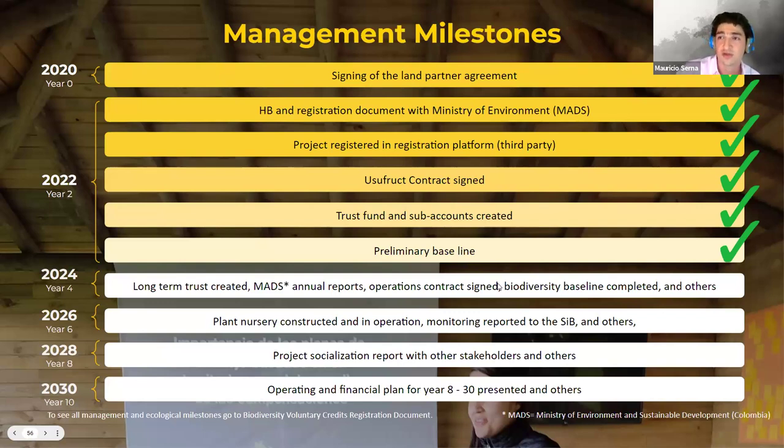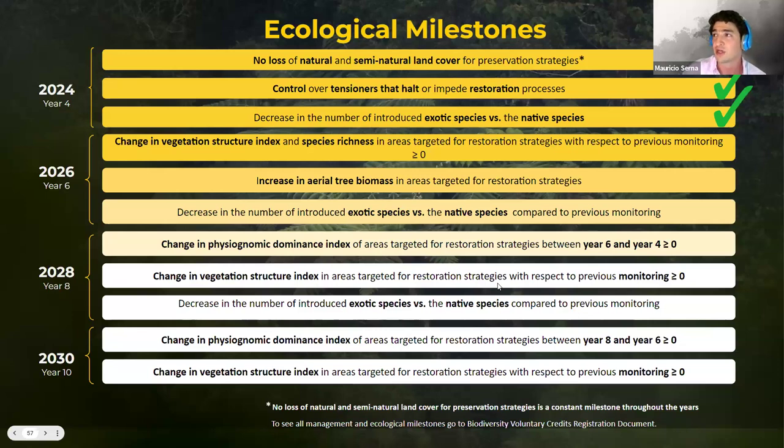So in 2022, we released the first credits, and it was KPMG who verified all this process. And in terms of ecological milestones, we've also met already all the milestones that we were supposed to meet in 2024.